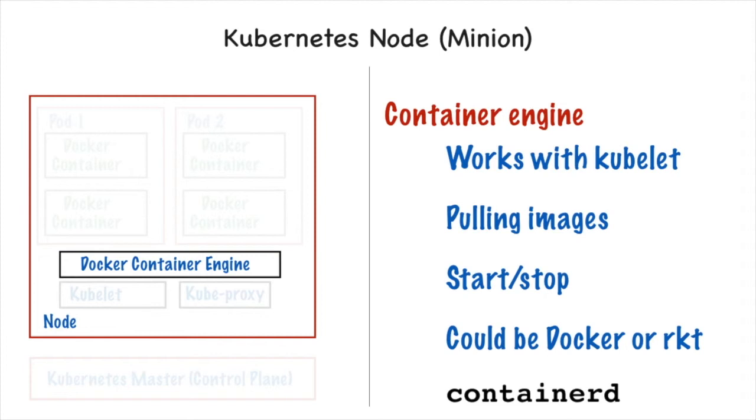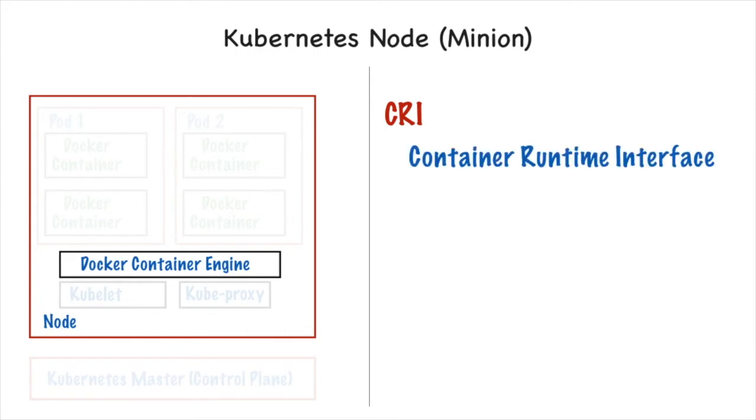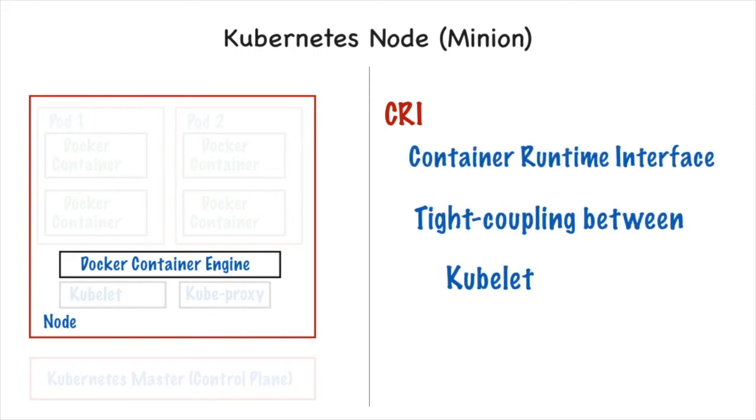In any case, Docker and its likely heir apparent containerd are likely to remain the container engines of choice on Kubernetes. Kubernetes actually has a specific native way of interacting with Docker. This is called the container runtime interface, or CRI. The CRI is how the kubelet interacts with the container engine.